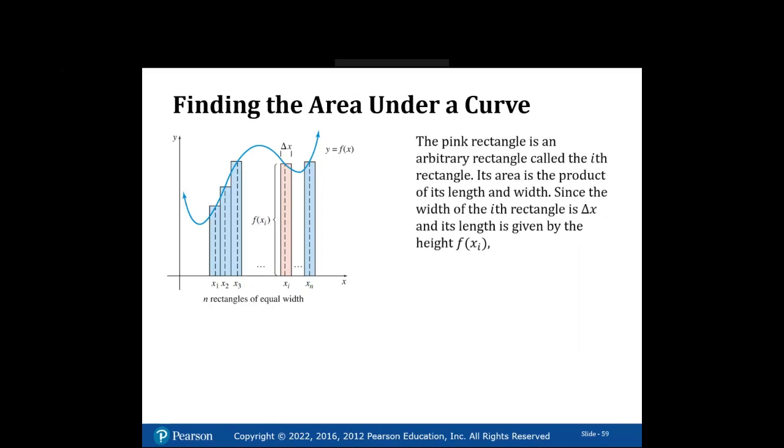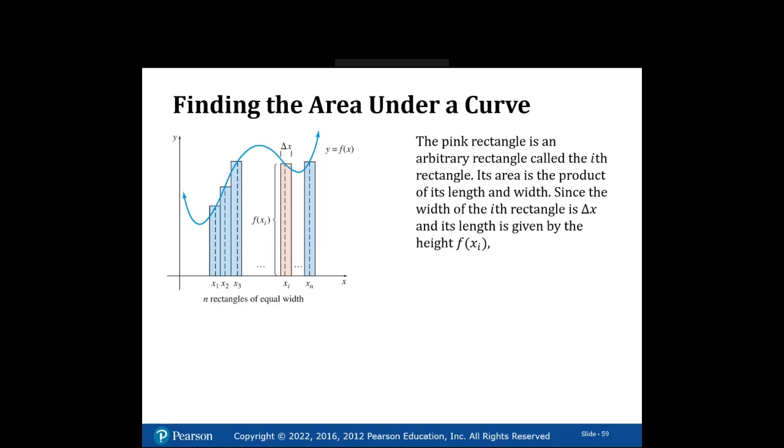This pink rectangle in the center here is called the ith rectangle. Its area is the product of length and width. What we're saying here is that this height is going to be f of xi. The ith just means it's some arbitrary x. It could be any of them.